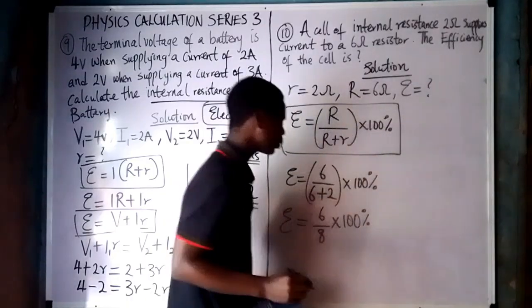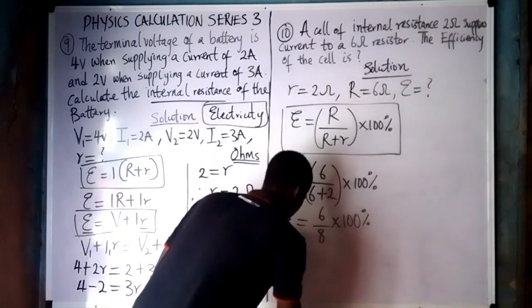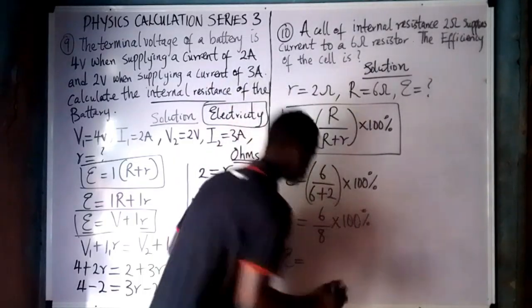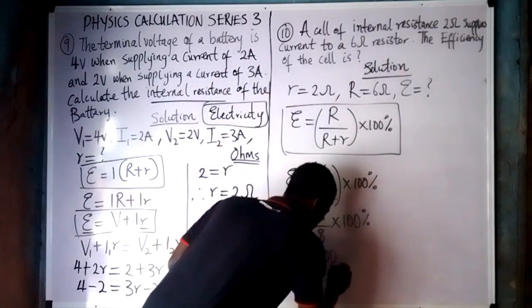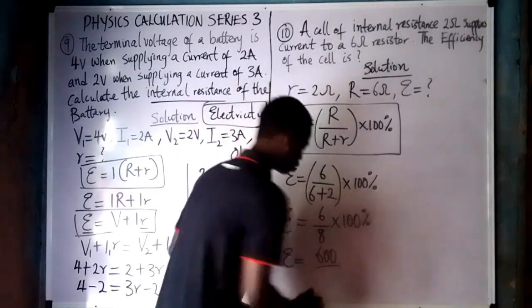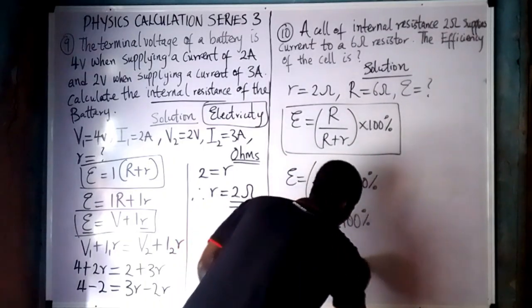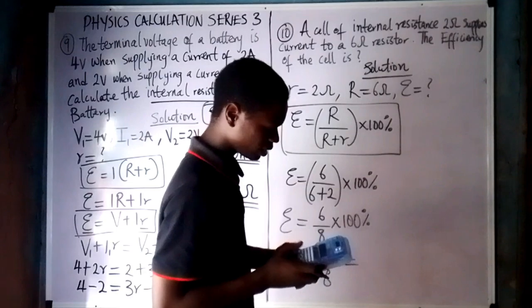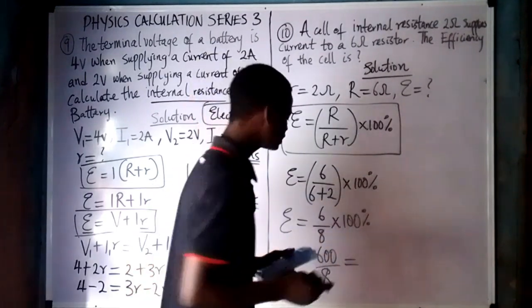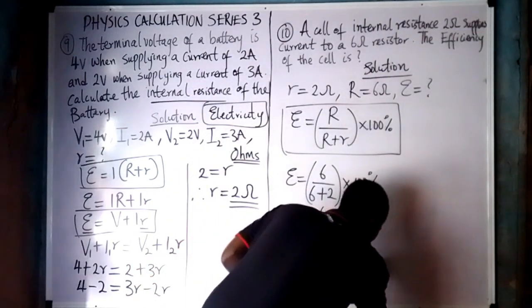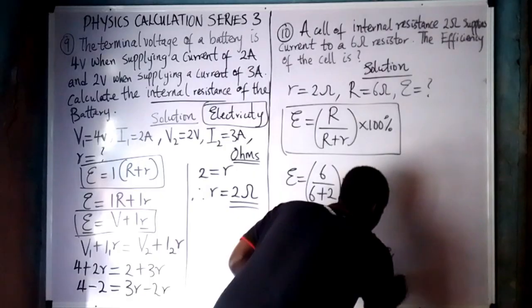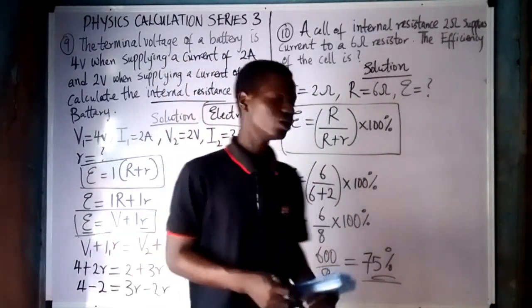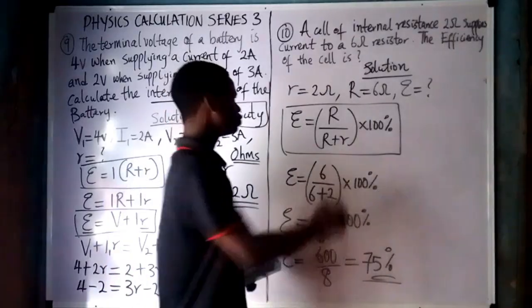So we can actually move further and say efficiency is equal to 6 times 100, which is 600, over 8. 600 divided by 8 gives us exactly 75, so 75%. 75% is the value for the efficiency for this very question using this formula.